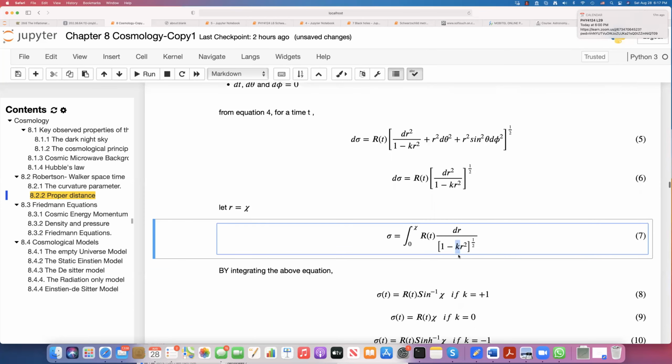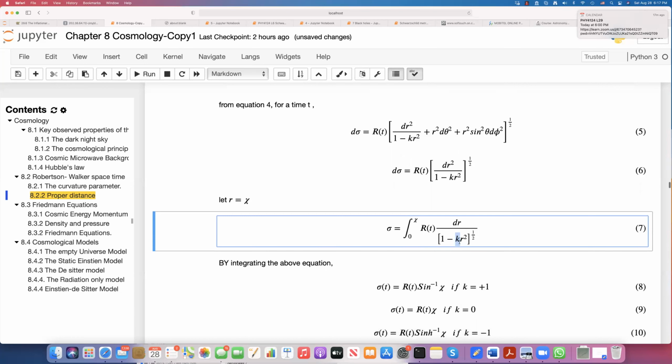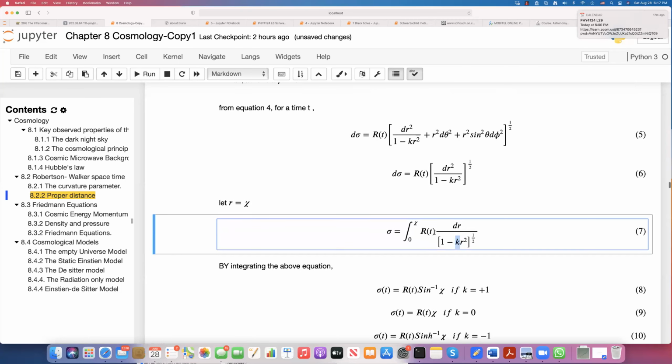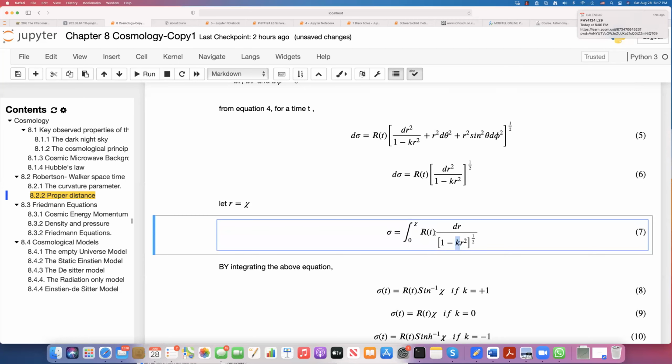You have to integrate this expression for k equal to 1 first. That will give you 1 over the square root of 1 minus kr squared. And all of you know that if you integrate it, the answer is sine inverse r, when k is equal to 1.